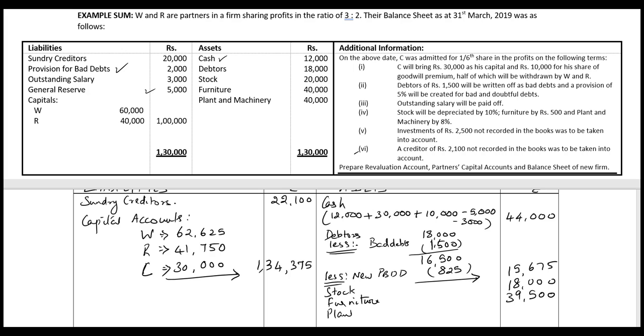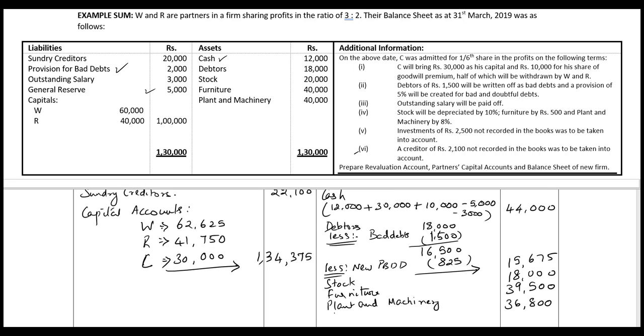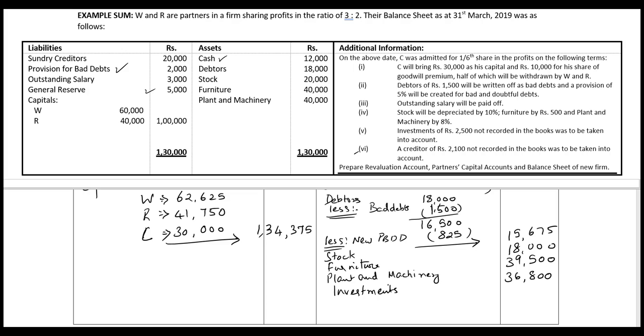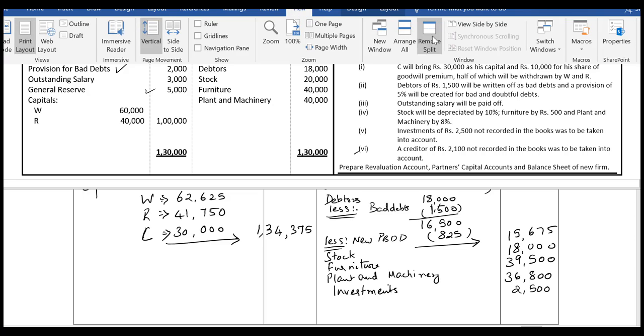Plant and machinery, original figure 40,000, we reduced by 3,200 rupees, so it's 36,800 rupees. We need to bring the investments into account. The amount of the investments is 2,500 rupees. We'll remove the split and see if the balance sheet is tallying.